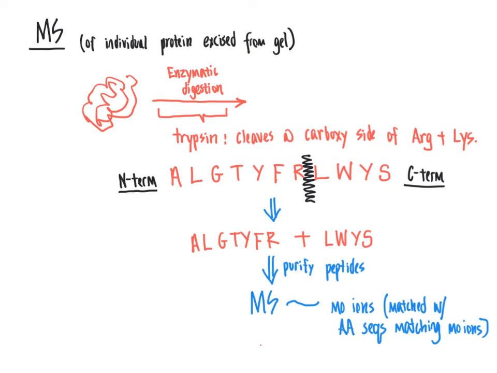But the general idea here is that information can be gained about enough of these fragments in order to establish what some of the peptide sequence is within that protein. And then that partial peptide sequence can be compared to a database of all of the proteins that are known from that particular organism in order to match up with some protein from that database. So that's how we work around the issue of post-translational modifications in many cases.